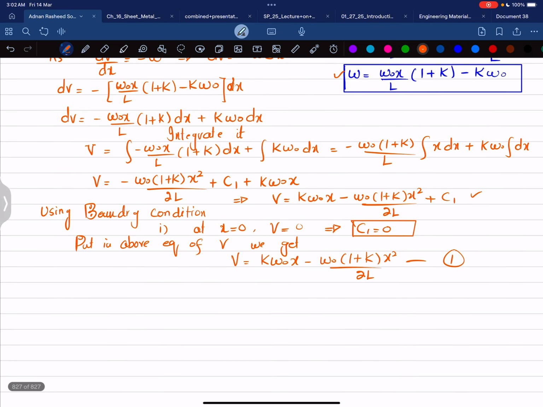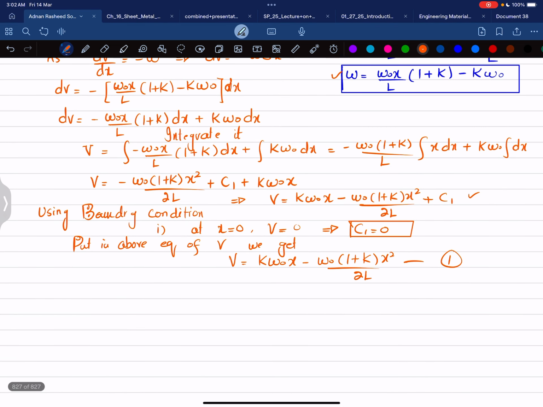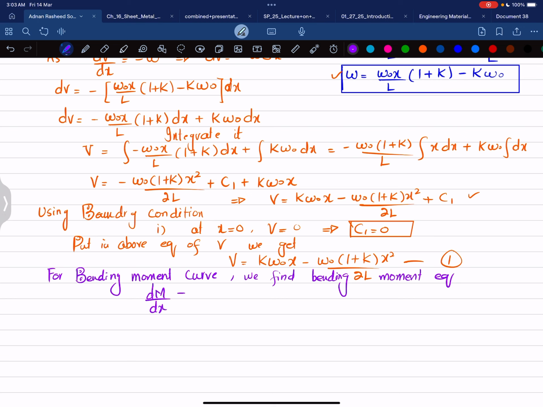Now we will do the bending moment curve. We find the bending moment equation, which can be obtained by using the equation dM over dx is equal to the shear force.